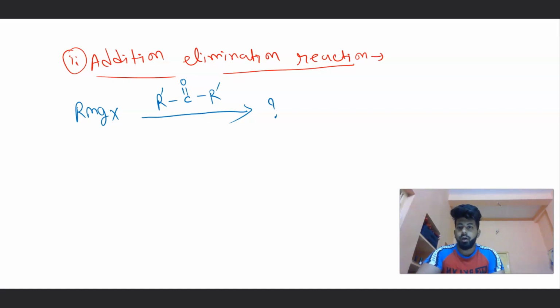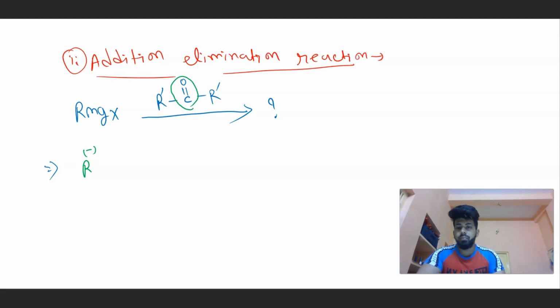So what would be the product? First of all, I told you that you have to first dissociate the Grignard reagent. So let's dissociate it. After dissociation, it will become R minus, which is the reactive moiety. Now, the ketone has one active carbonyl moiety, C double bond O, and the carbonyl character is very high.